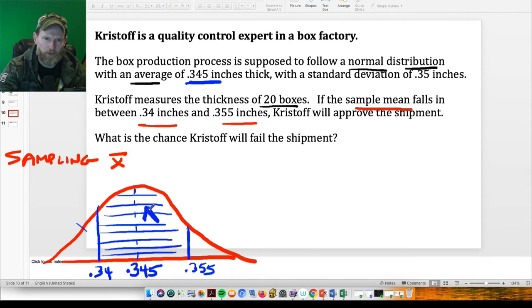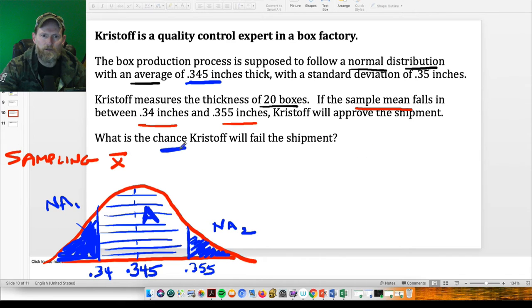I'm just going to put approve. If it falls out here, he will not approve. I'm just going to call this NA2. And if it falls out here, he will not approve.